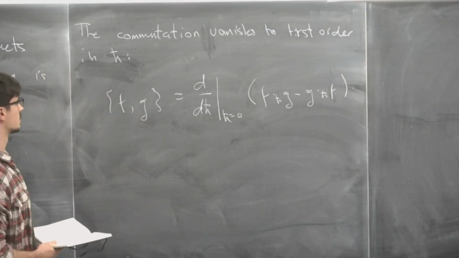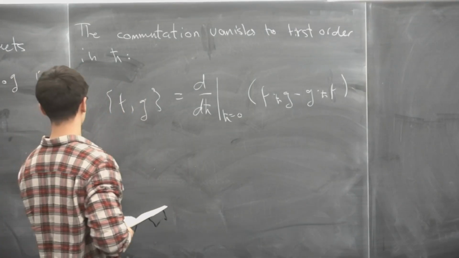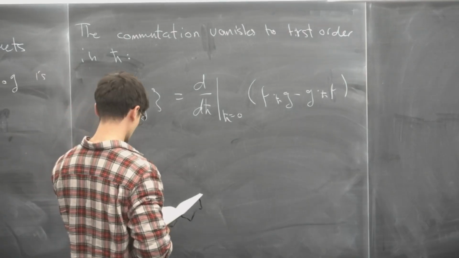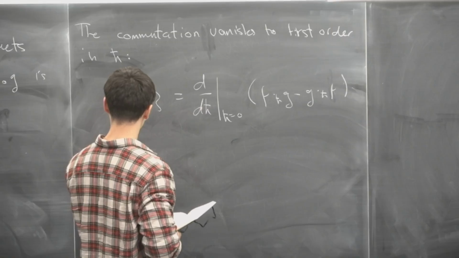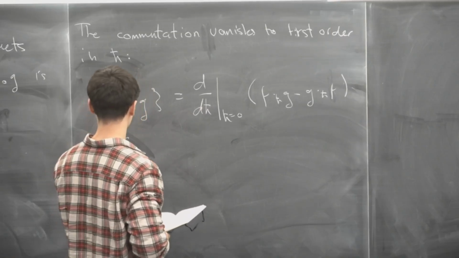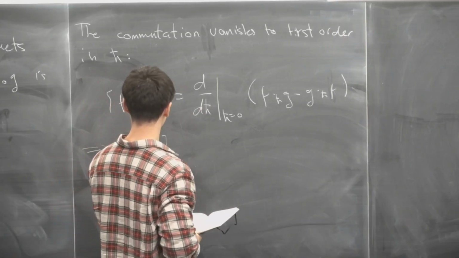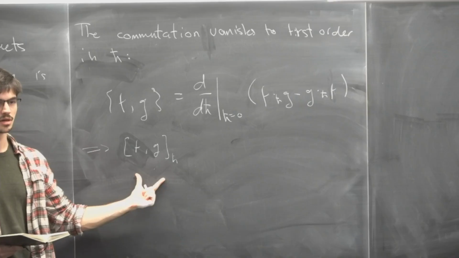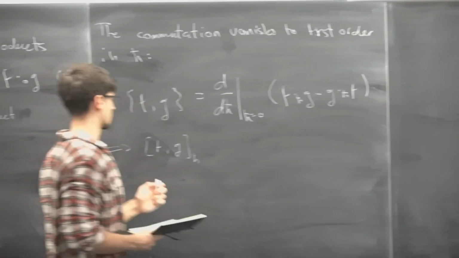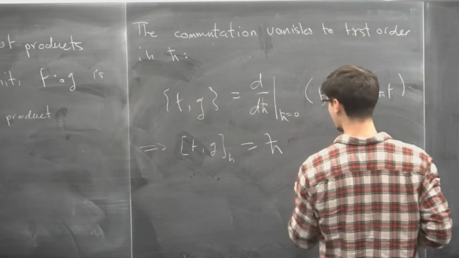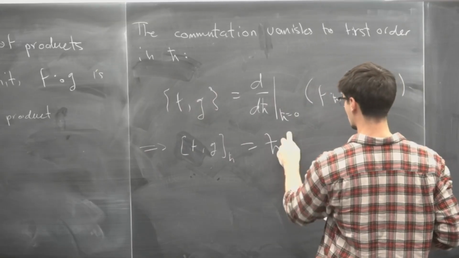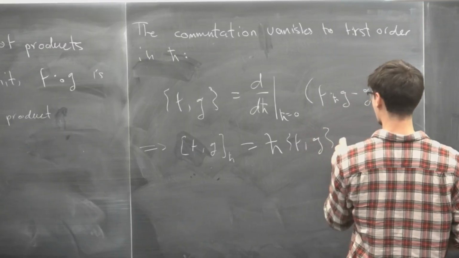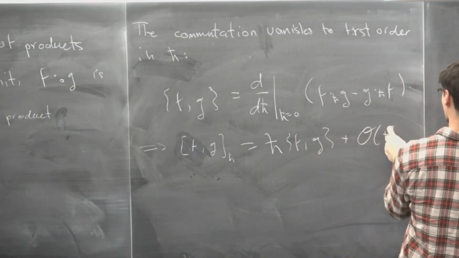If this doesn't convince you right away, I might write it like this. I'm lazy. The product of f and g with respect to h bar is equal to h bar times the bracket plus higher order terms in h bar.